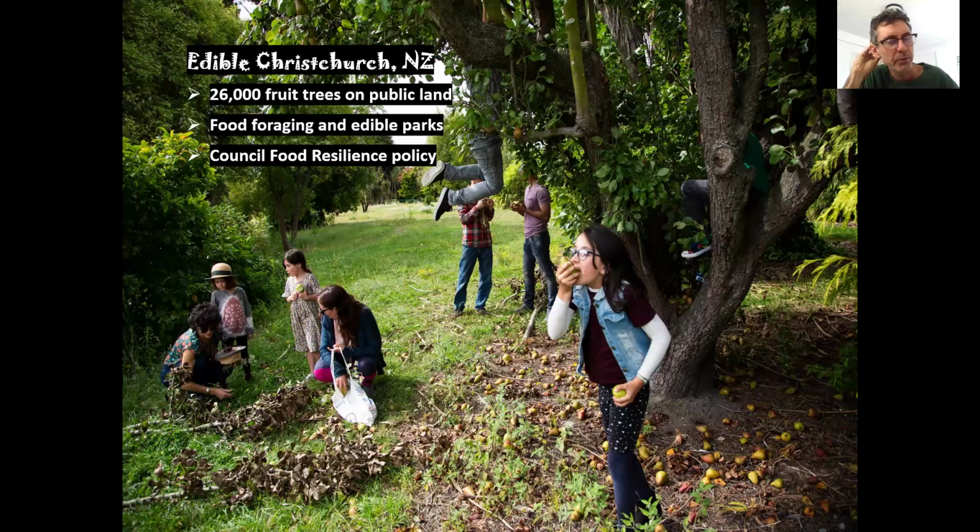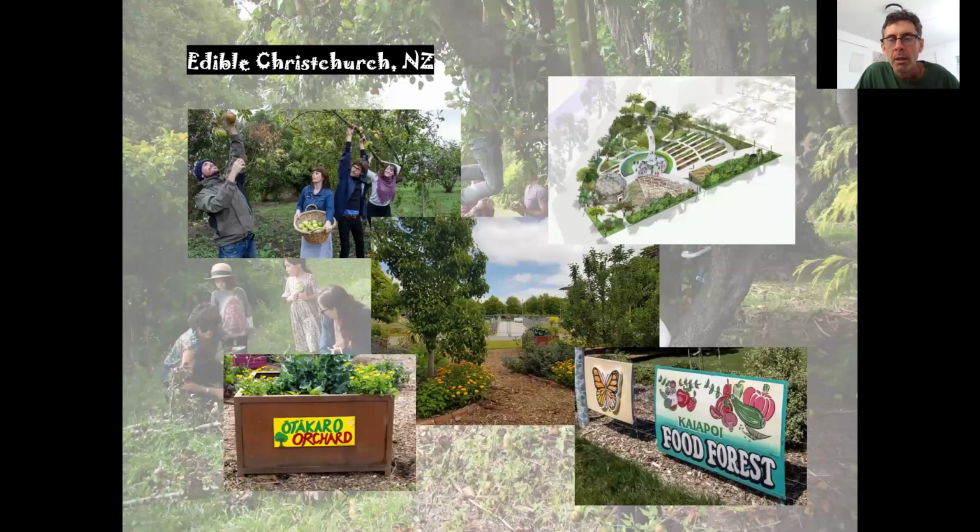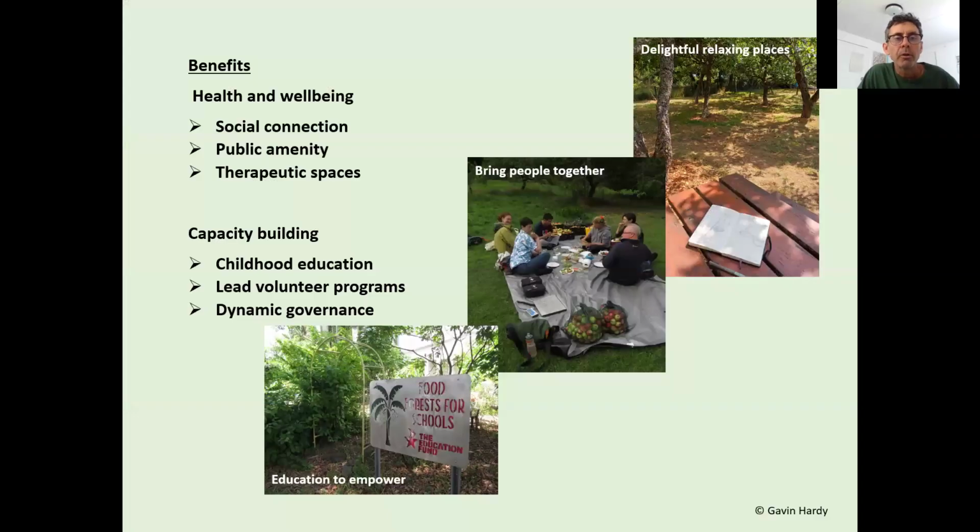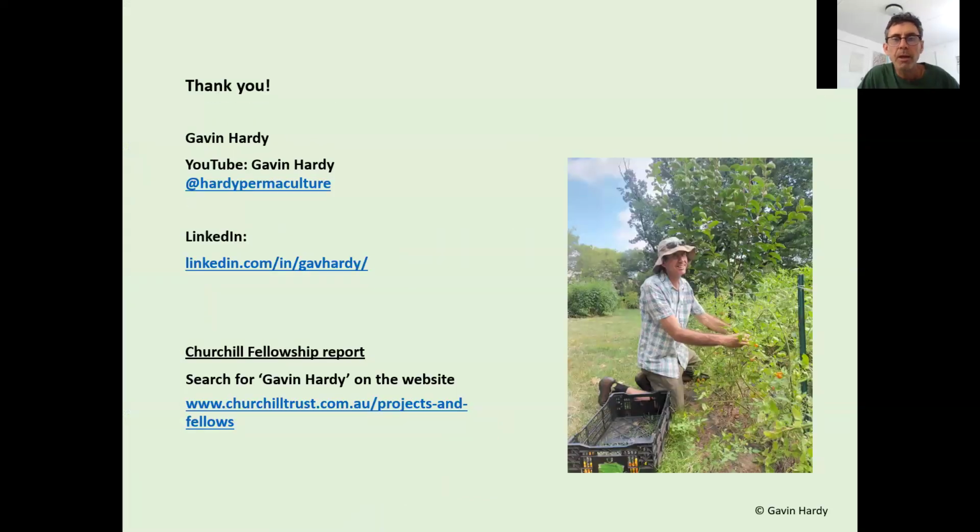That was suburbia, and the backyards have become this massive informal park with a whole lot of fruit trees in it. And now the Christchurch City Council has a food resilience policy, which is really great to see. There's a couple of examples there of some of the food forests and orchards in and around Christchurch. I'm not going to go through that, we've done that before.